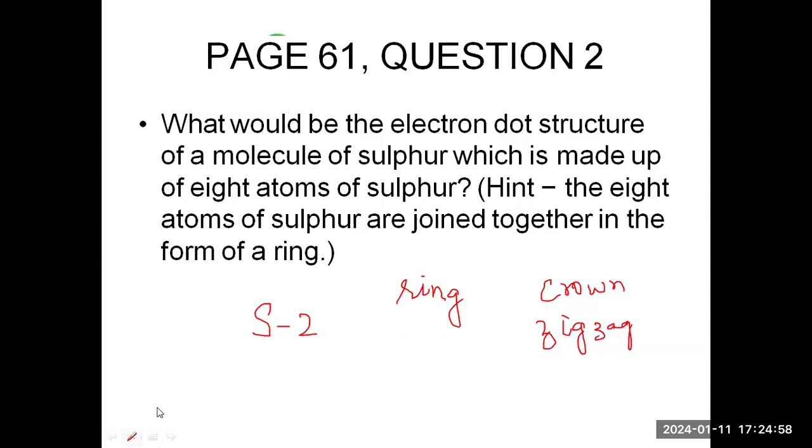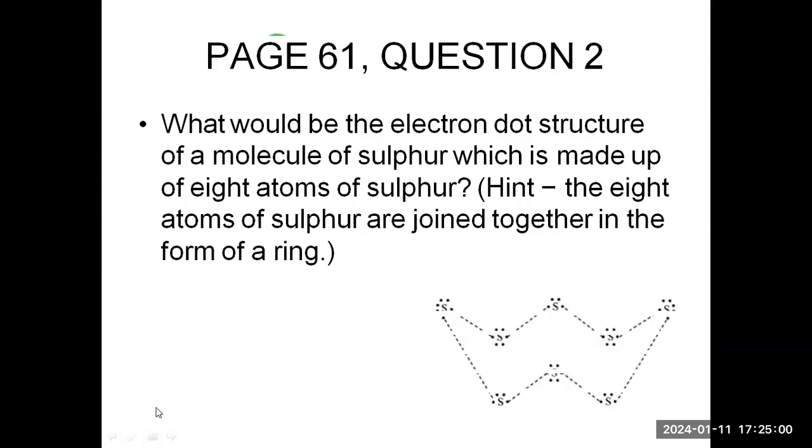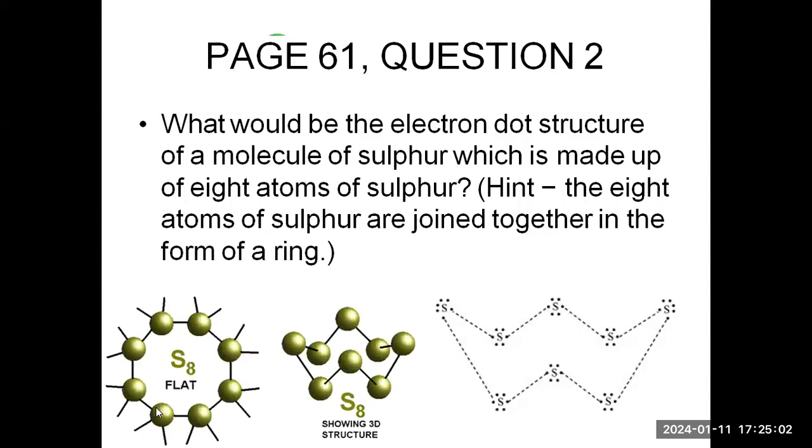Let me show the diagram to you. This is the one, like this. You can see here 1, 2, 3, 4, 5, 6, 7, 8 atoms, like this in a crown shape, like this. Okay.